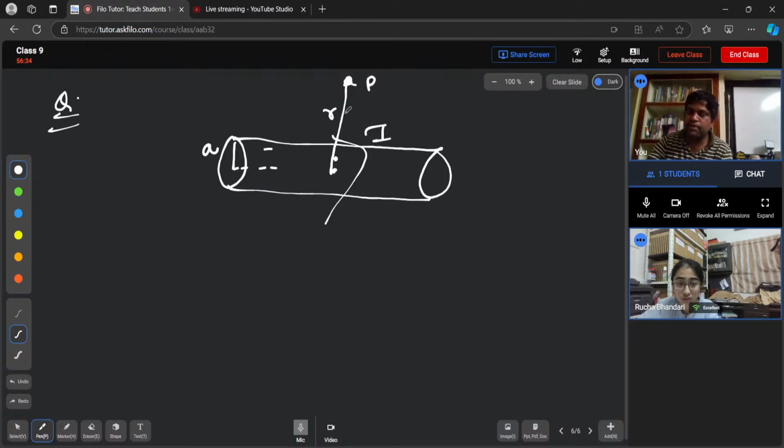We'll find that magnetic field outside and magnetic field inside the point P. Let's say small r is here, r is less than a, and r is greater than a. So in two places we'll find out what is the magnetic field.